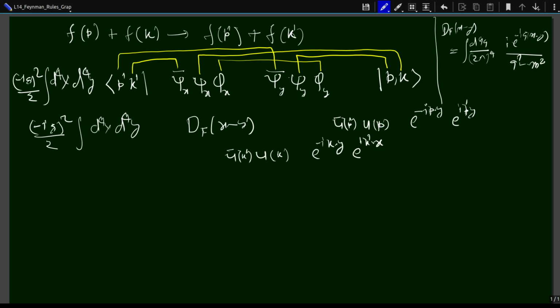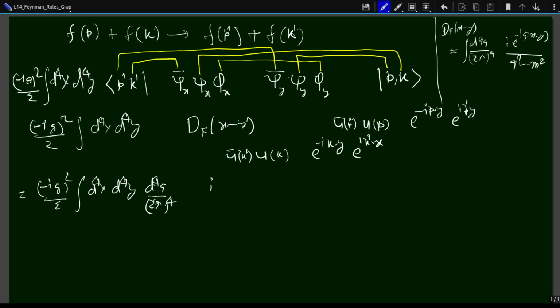When I put this particular form of f over here, I get minus i g whole square by 2, d4x, d4y, d4q by 2 pi 4.